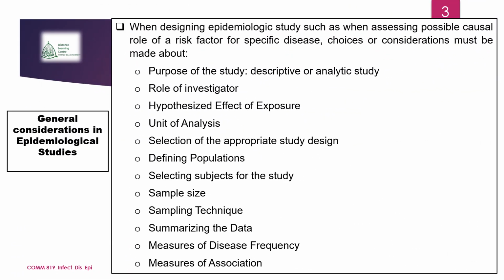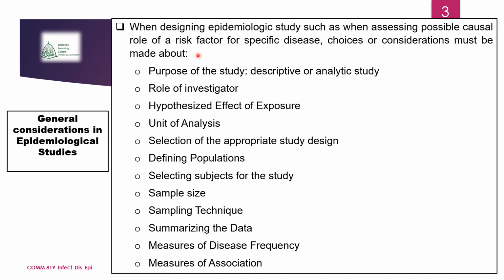Okay, so now we're going to look at the general dichotomies or general considerations in epidemiological studies. When designing an epidemiologic study, such as when assessing possible causal role of a risk factor for a specific disease, choices or considerations must be made.